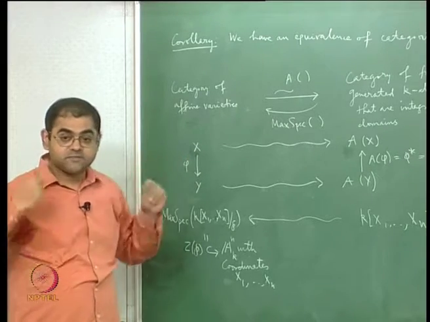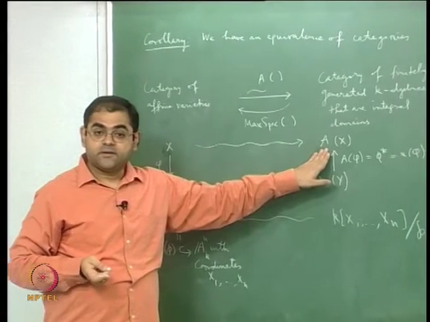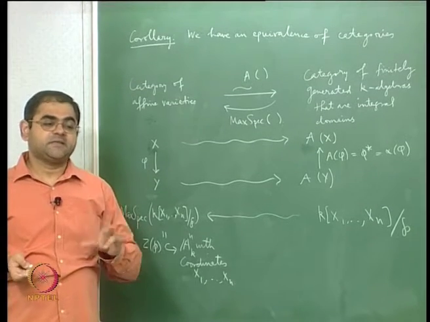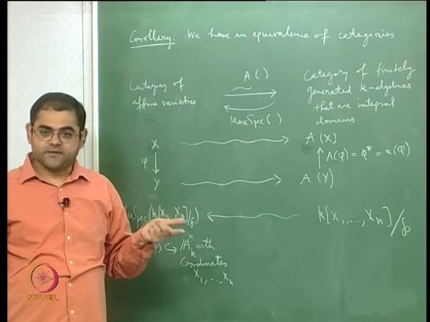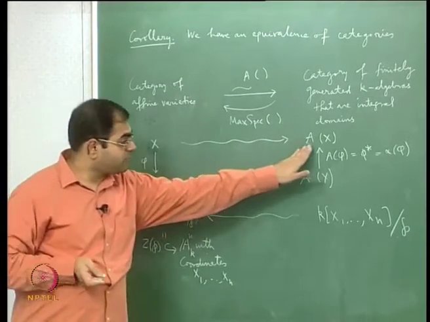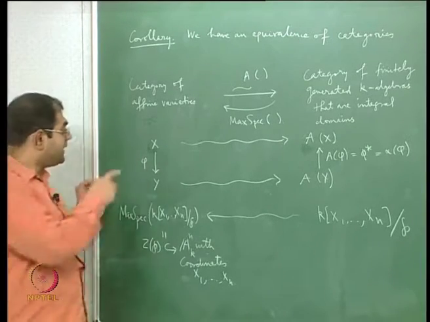No matter in which affine space you put it as an irreducible closed subset, if you calculate the affine coordinate ring, you will still get the same ring up to an isomorphism, which means essentially a change of variables. So what this tells you is that the affine coordinate ring, or the ring of polynomial functions on an affine variety, is defined up to isomorphism and depends only on the variety.